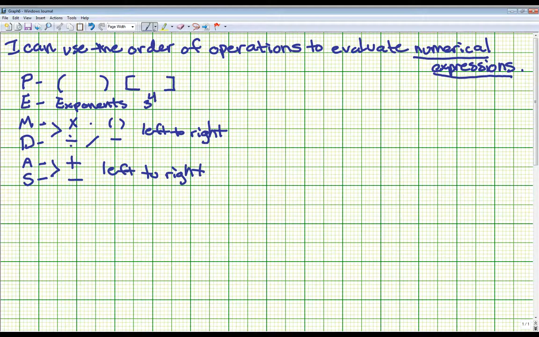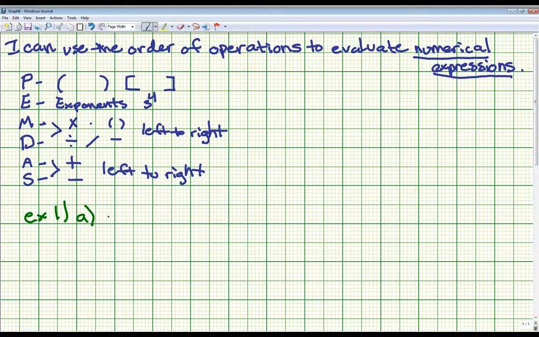We're going to go ahead and get started in our examples. So on page 18, example 1, these are examples of using the order of operations. So we're just going to use what we wrote down above here. Example 1 has an A and a B to it.